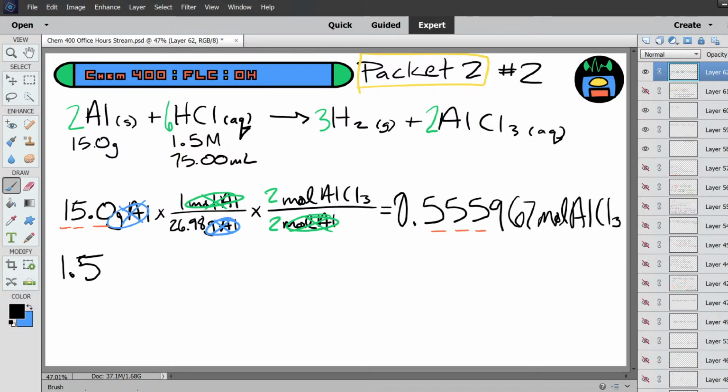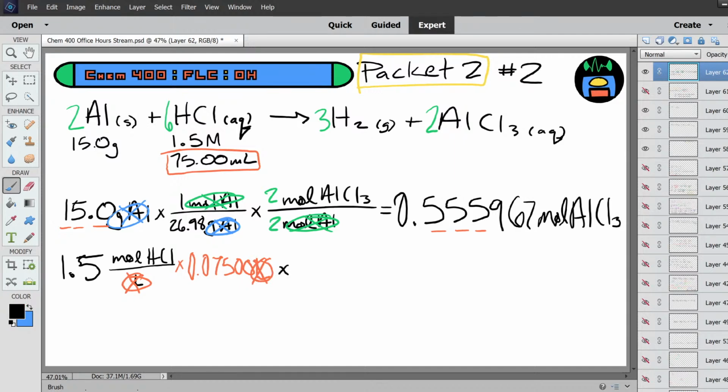And again, molarity is moles of solute over liters of solvent. So to find our moles of HCl, we need to multiply by our volume, but converted to liters. And 75 milliliters is 0.07500 liters, and now volume cancels.